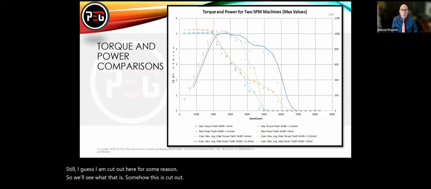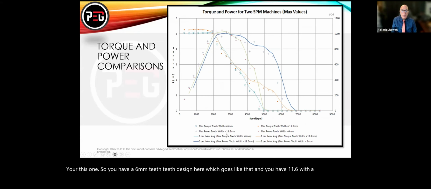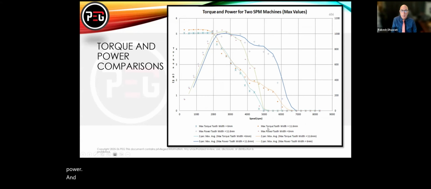Here is the better picture. You have the 6 millimeter teeth design here, which goes like that, and the 11.6 millimeter with a plus. That is your power, and then your max torque. The dots are the 11.6 millimeter.